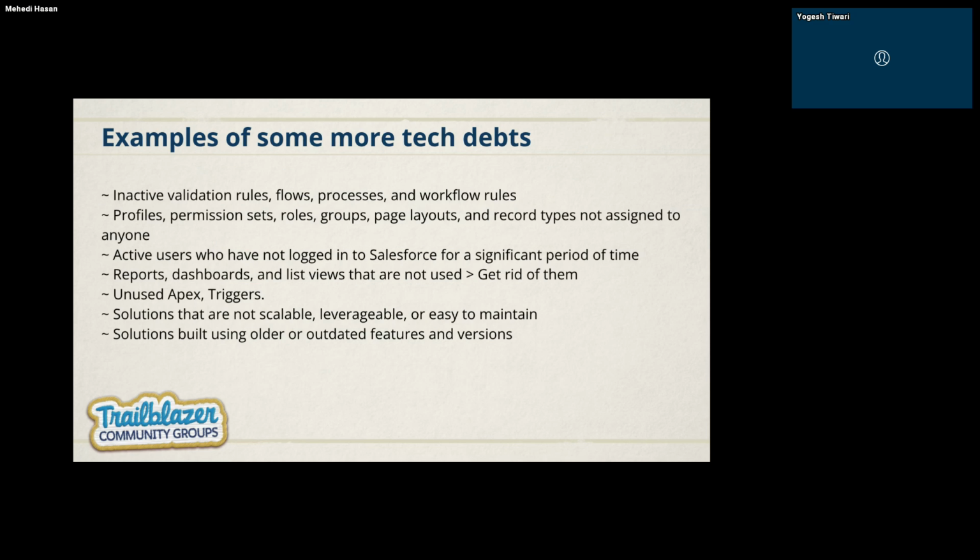Also, reports, dashboards, and unused Apex triggers, very important. We should get rid of the unused Apex triggers. If they are not needed, we don't want them to fire unnecessarily, right? Because they will eat up governor limits, heap size, asynchronous limits, things like that. And solutions that aren't scalable, leverageable, or easy to maintain. So we should try to implement solutions which are reusable and scalable.